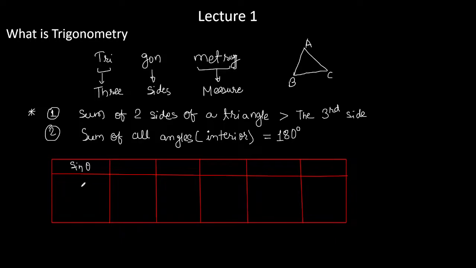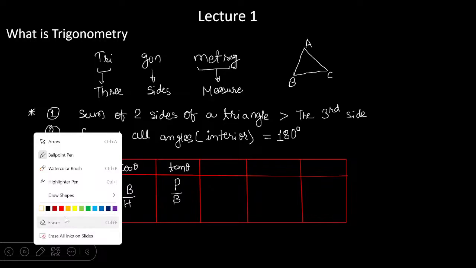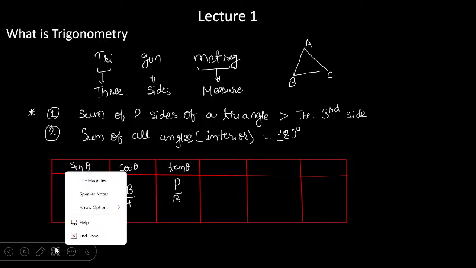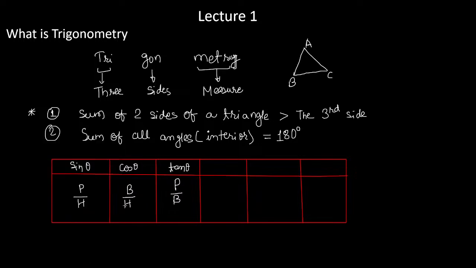We know that sine theta is perpendicular by hypotenuse. Cos theta is base by hypotenuse. Tan theta is perpendicular upon base. So we have taken this as a triangle. Our triangle is this. It is a right angle triangle.